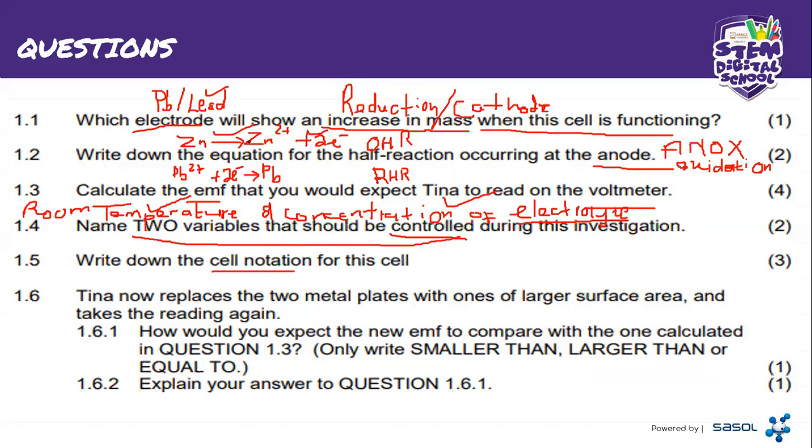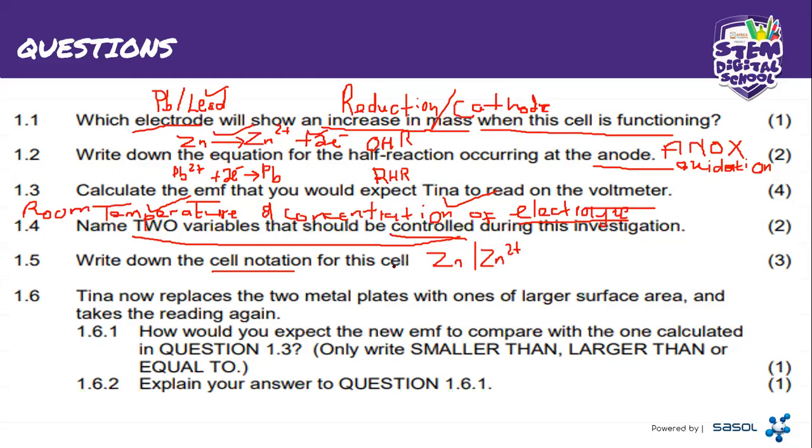Remember what I said about the cell notation? You'd start with what is happening in terms of oxidation. So in terms of oxidation, I go and I look at the oxidation half reaction, and I see that zinc was changed to zinc 2 plus. So Zn, a line of phase change to Zn2+.